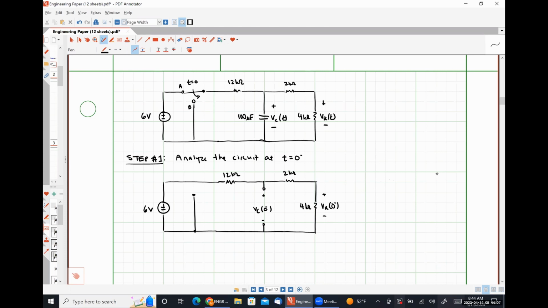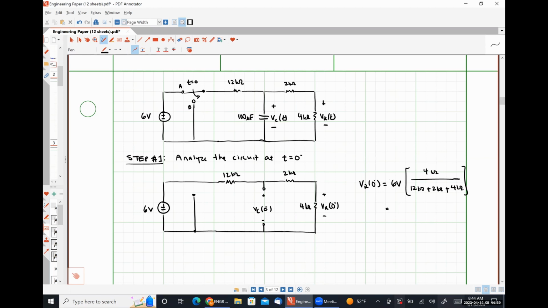So we can use voltage division for both of these voltages, right? So VR at 0 minus is going to look like 6 volts times, we're looking for the voltage drop over the 4 kilo ohm resistor, so that's going to go in the numerator, and then in the denominator, we have 12 plus 2 plus 4. So let's see.